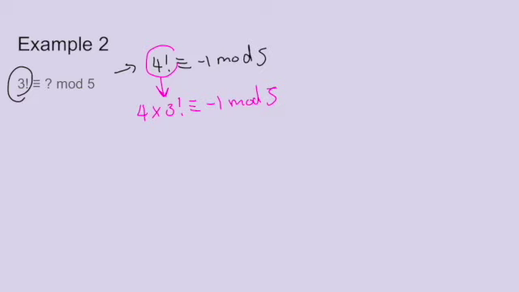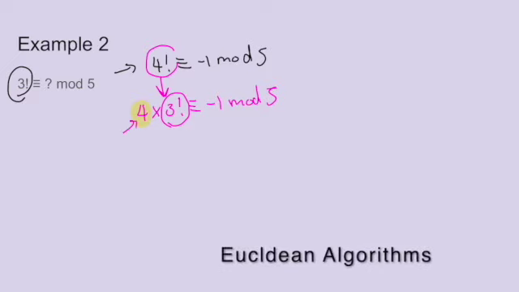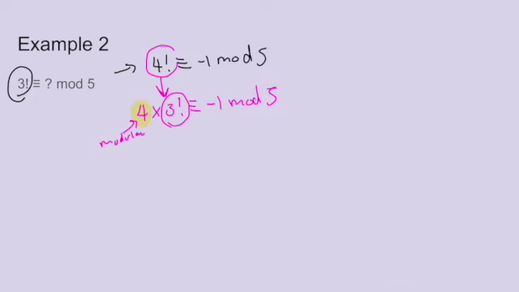And now we have to get rid of this 4 to find what 3 factorial is. So in this case, we could use the Euclidean algorithm to find the modular inverse of 4 in mod 5 so that we can get rid of this 4 in the front.